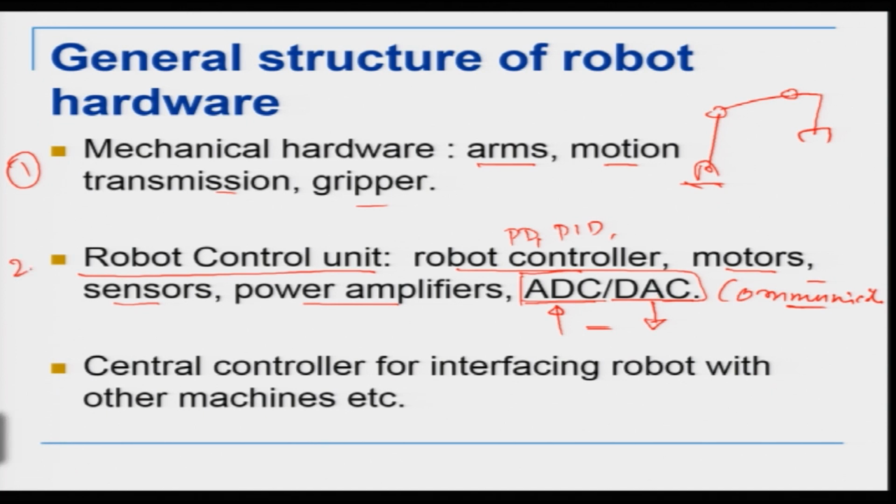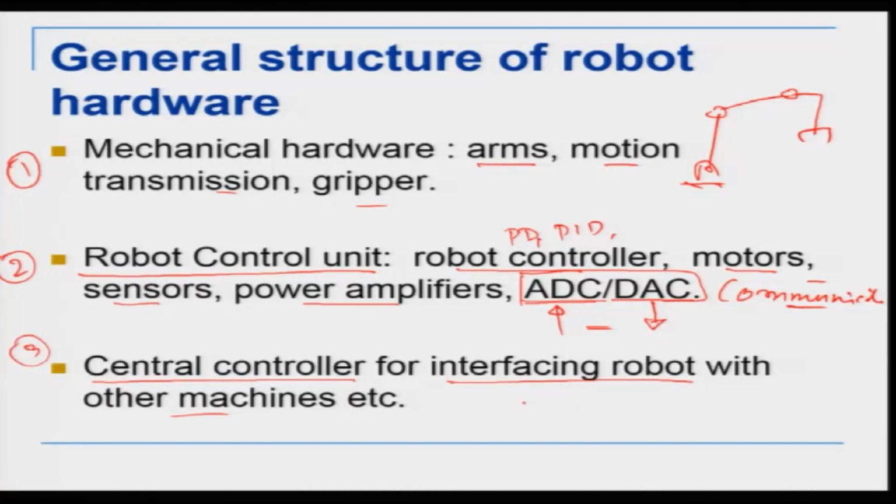Now, this is the second part, the robot control unit, and the third part is the central controller for interfacing the robot with other machines. A robot will not be working in isolation; it will be working with other robots or other machines.